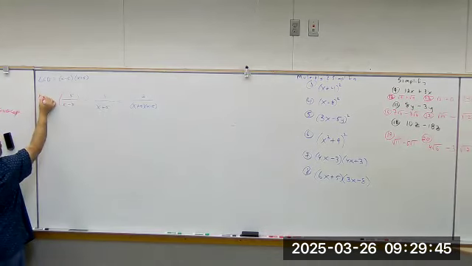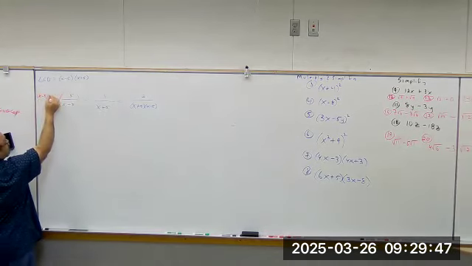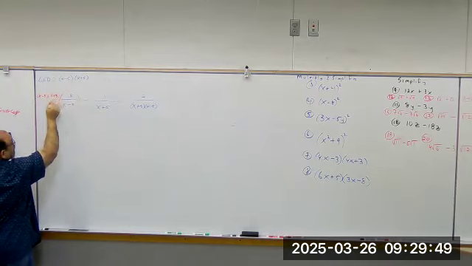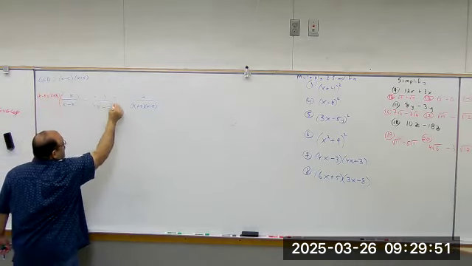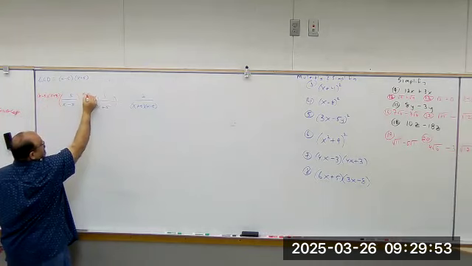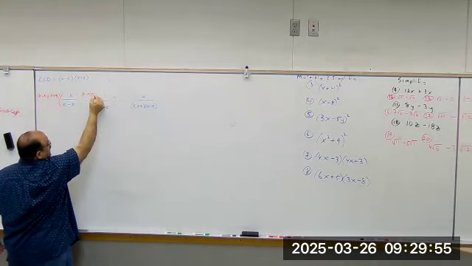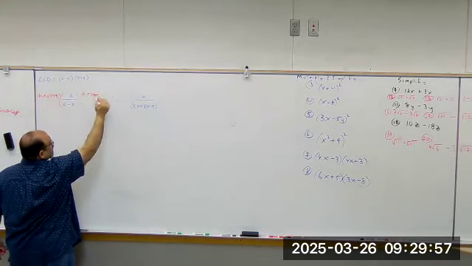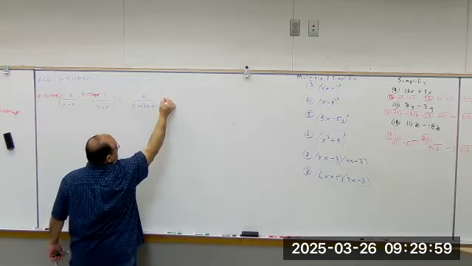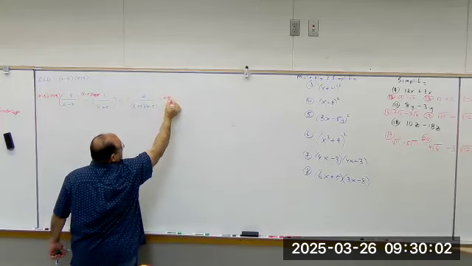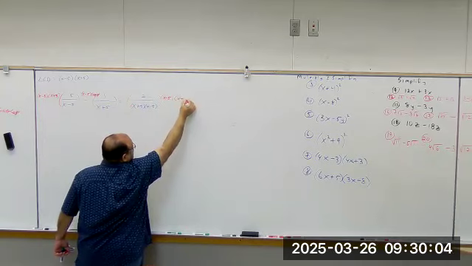So this one has to get multiplied by x minus 5 times an x plus 5. Then this one has to get multiplied by an x minus 5 times an x plus 5. And then this one needs to get its own x minus 5 times an x plus 5.